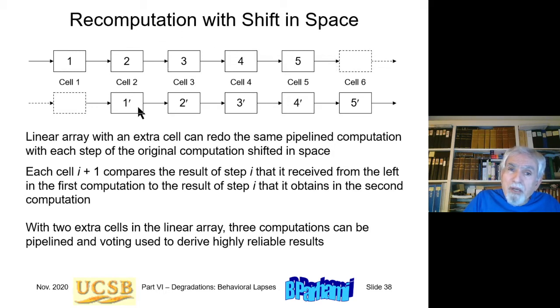We can remap the computation so that for the second copy of the computation, this cell or processor is ignored. The first part of the computation is now done by processor 2, the second part by processor 3, and so on. By doing this, if something was wrong in this computation, it's unlikely that this replica, the repetition of that computation, which is done on a different piece of hardware, will experience the same problem, the same error.